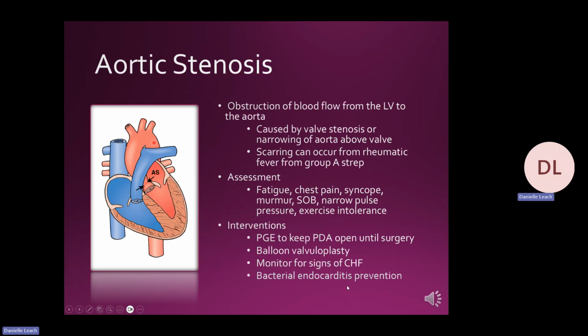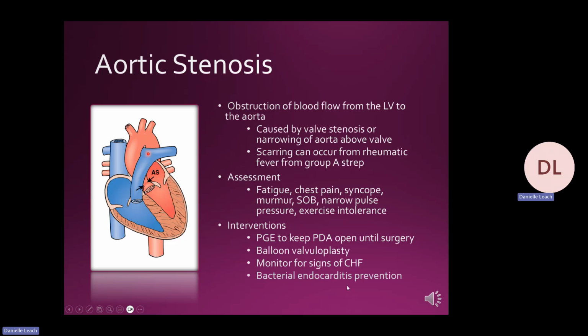In most instances, we want to keep the PDA open to keep blood flowing from the aorta to the pulmonary artery here, but it can actually flow the other way if needed to get blood into the aorta if there's no other way. So if you picture this aortic stenosis being so severe that little to no blood is passing to the aorta, obviously a person cannot live that way.